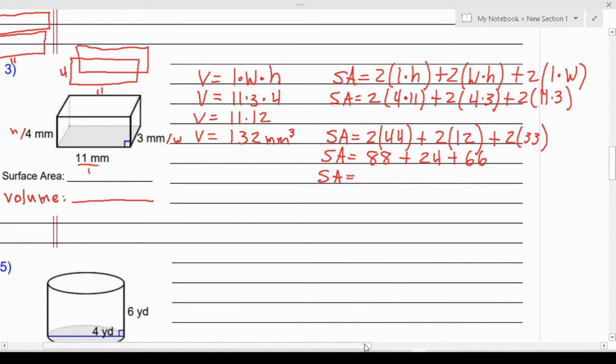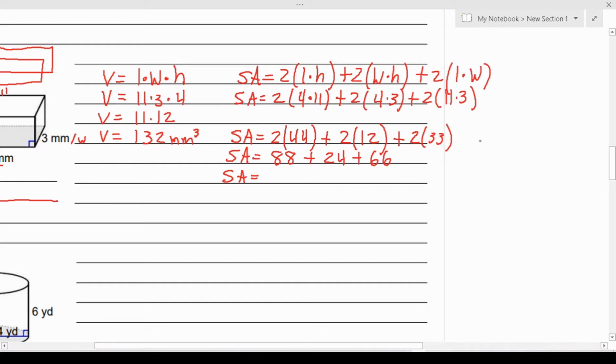Let's go ahead and work this out now. Unless you can do this in your head, I recommend you do it off to the side like this. 88, 66, 24. Okay. 6 plus 4 is 10, plus 8 is 18.